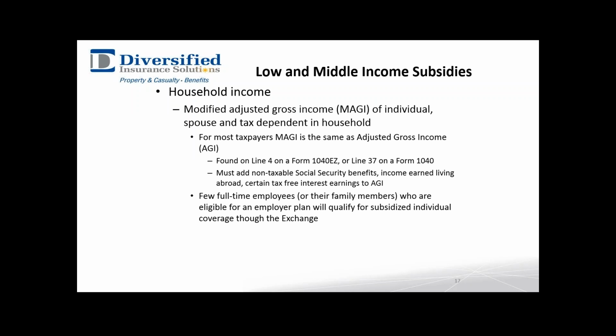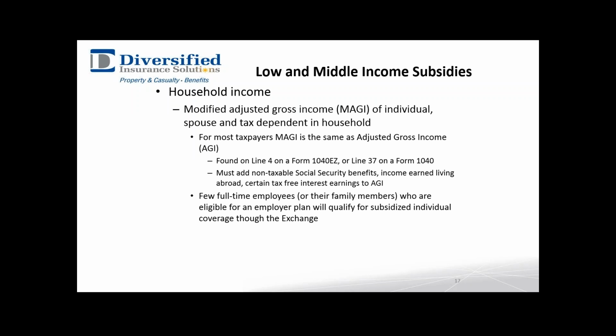So household income is obviously an important question. This all ties back to taxes, and really it's modified adjusted gross income. So depending on how you file your taxes, that could mean something different for you. But the thing that's important to note is that it's all members of the household or the family.